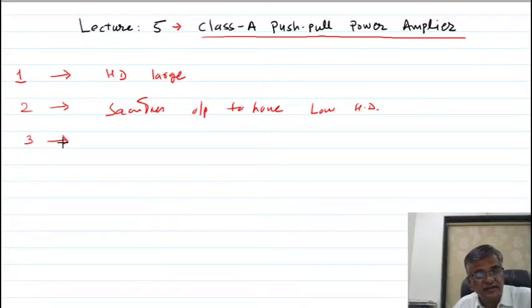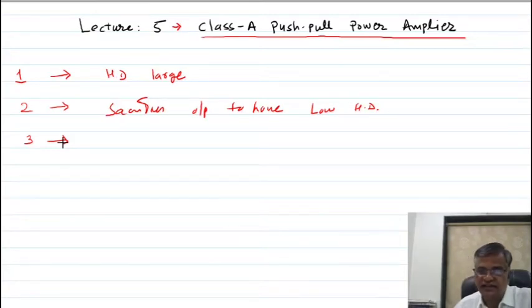Third is the magnetic saturation problem. The DC resistance of the primary of the output transformer is very less, so a large value of collector current will flow. So operating point Q will be located in a saturated magnetic field region. As a result, a magnetic saturation problem arises.